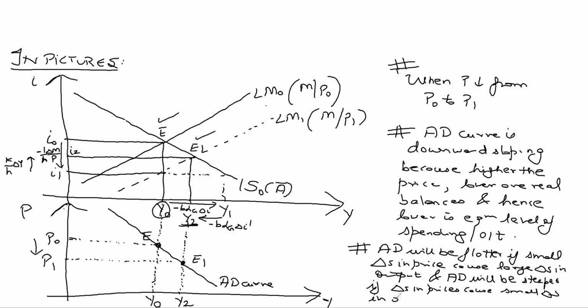If changes in prices cause large changes in output, AD curve will be flatter. If changes in prices cause small changes in output, AD curve will be steeper. So to understand this, you can see the diagram also.